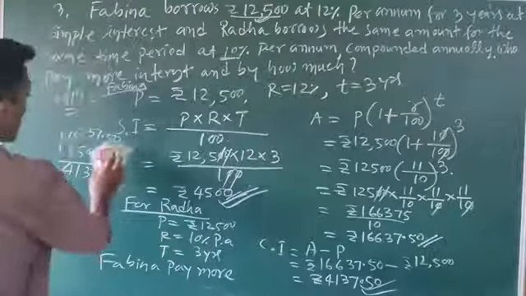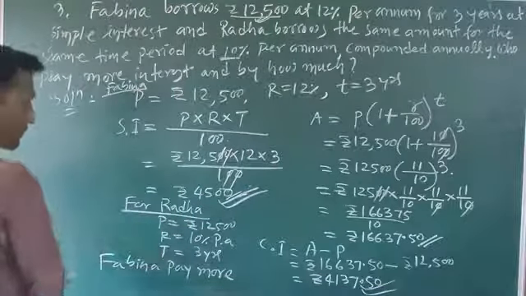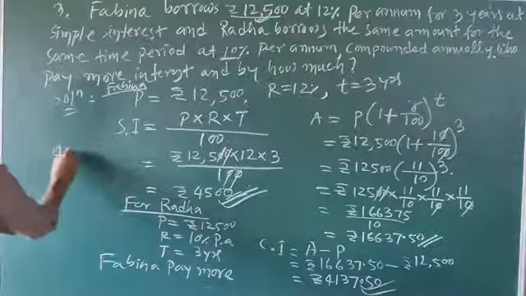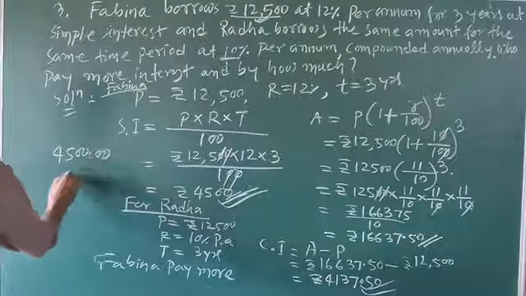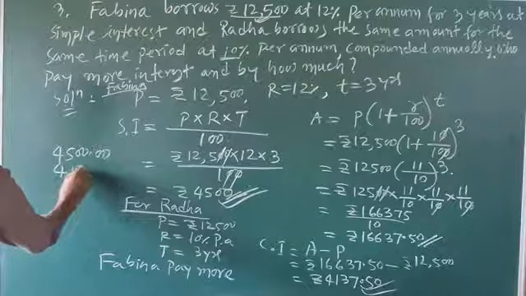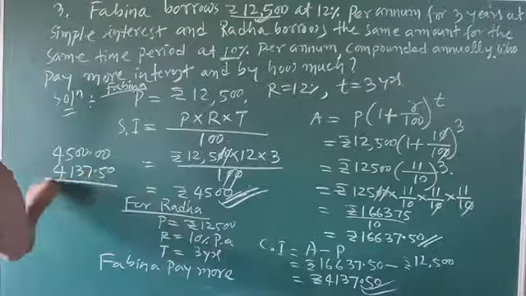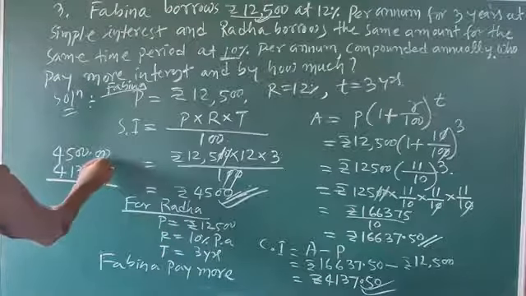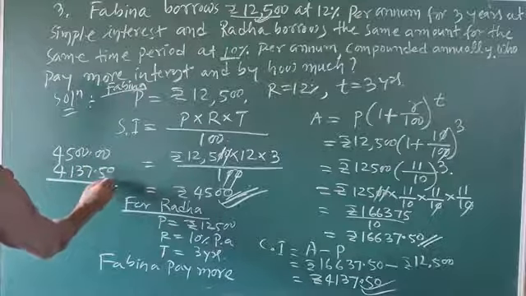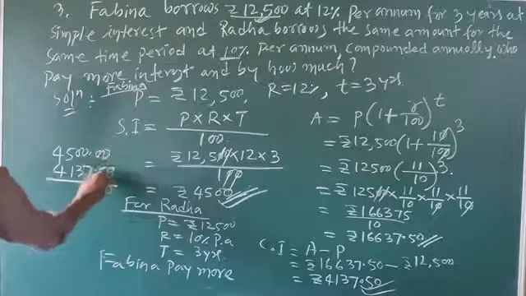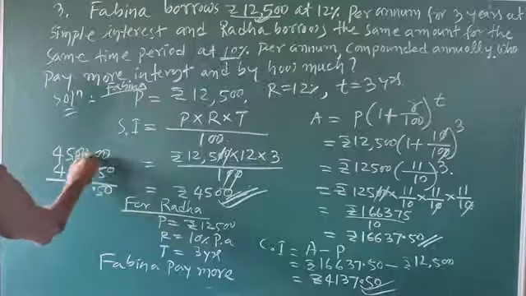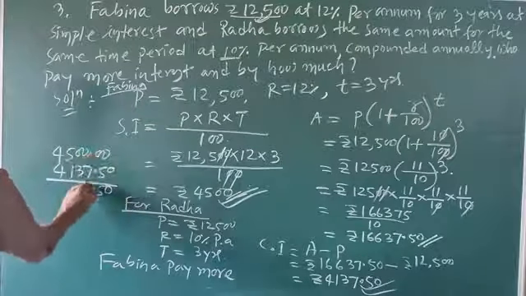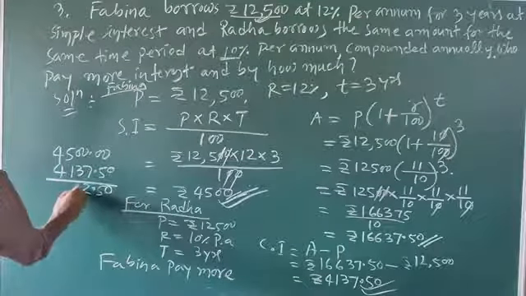By how much? To know the amount, you have to subtract 4,137.50 from 4,500. You carry 1, when it becomes 10. 0 minus 0 is 0. 10 minus 5 is 5. Here now 9 minus 7 is 2. 9 minus 3 is 6.